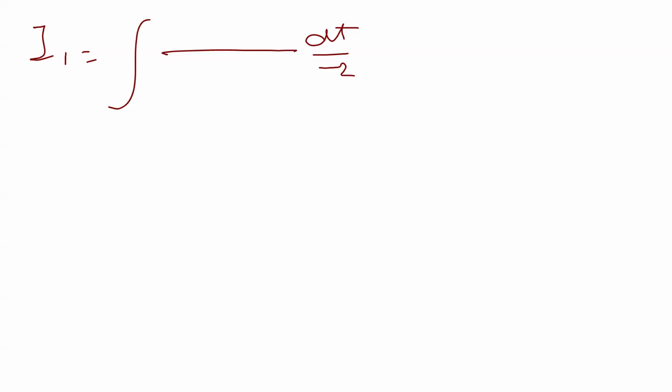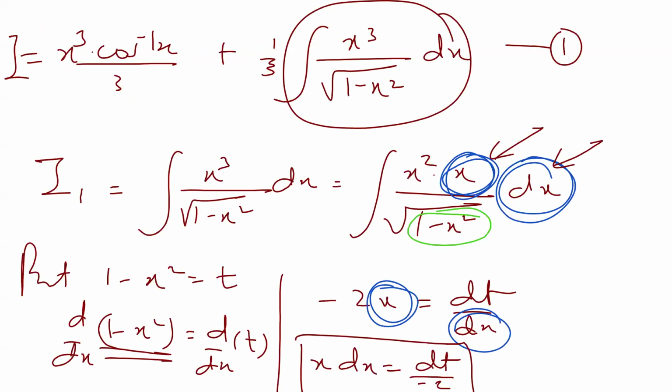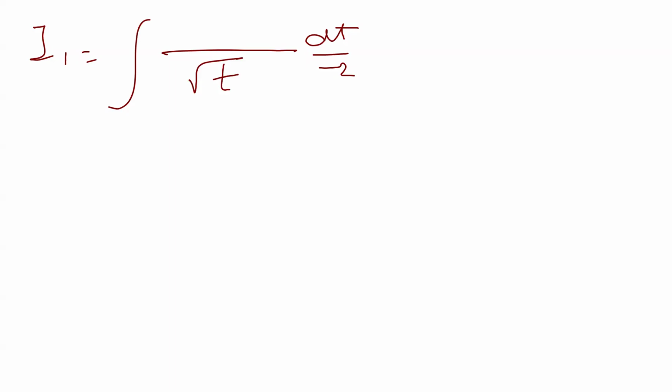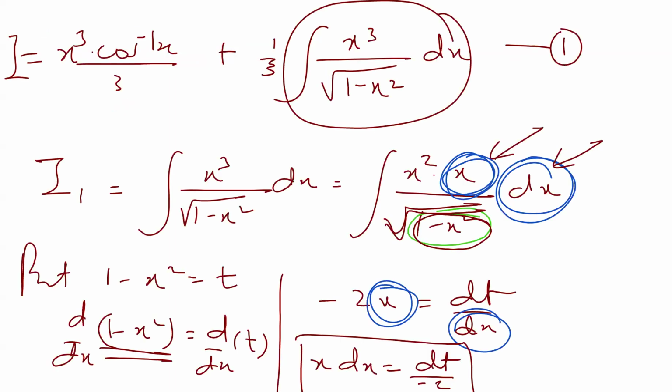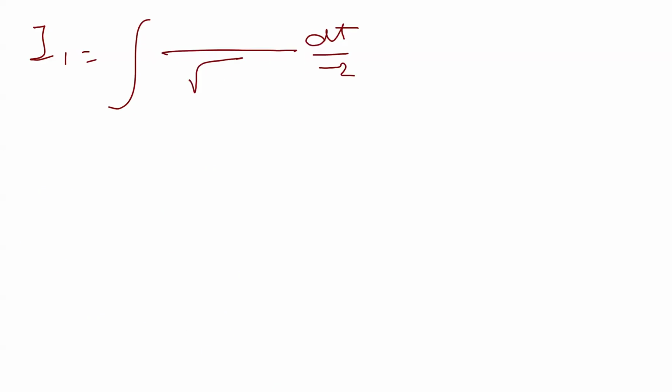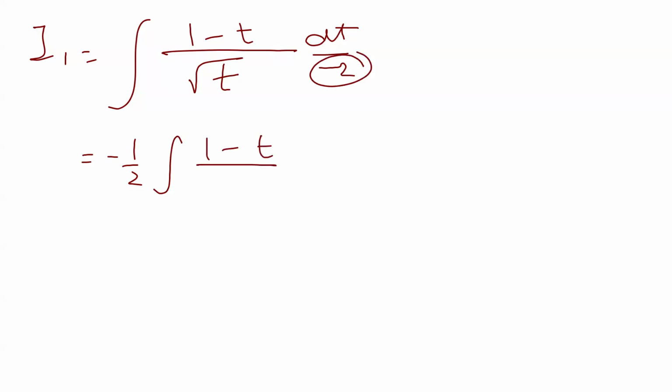Okay, then down, this term is t. So this is going to be root t. And up, there is one more term left. Now what is left over here? X square. So x square is equal to 1 minus t. Okay, you can take minus 1 upon 2 outside because minus 2 is over here. 1 minus t upon t raised to half.